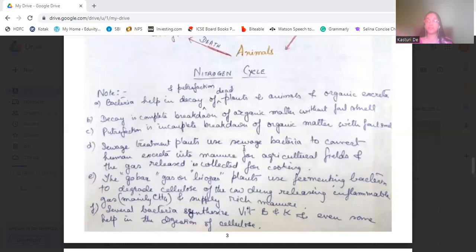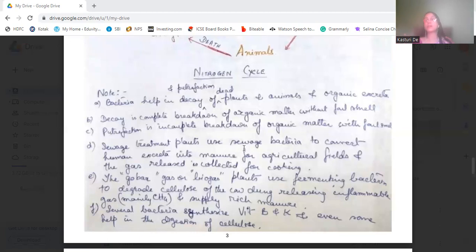The cow dung has certain cellulose material, which is degraded by the fermenting bacteria to release an inflammable gas, mainly methane, and that is used for cooking. The remains are also supplied as rich manure for the agricultural fields.